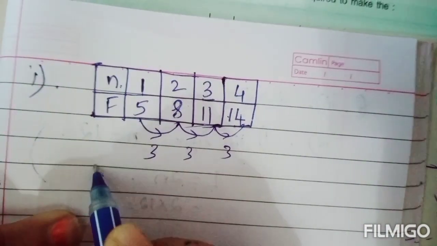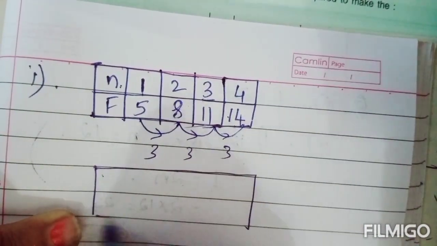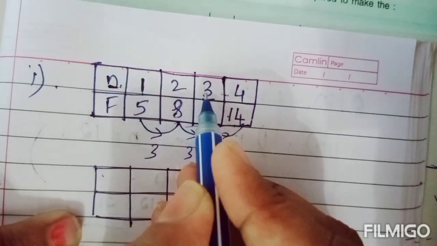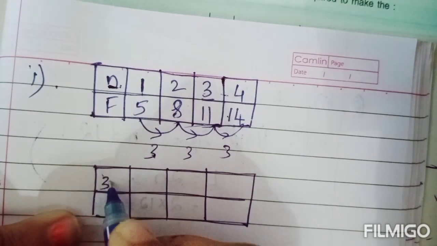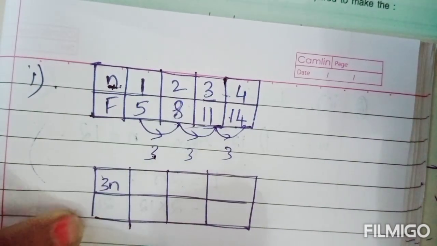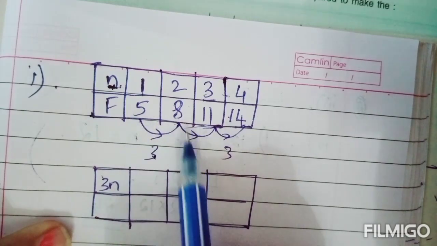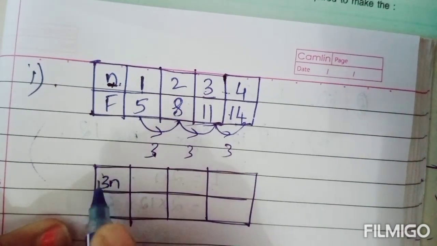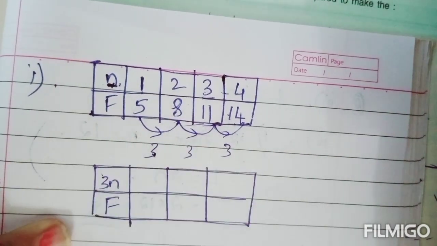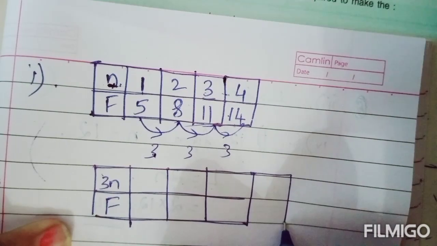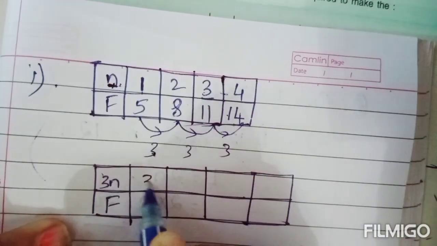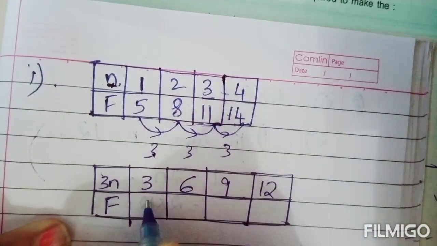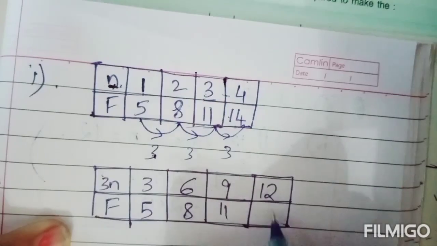So what do we do? We construct another table. In this, the first row we multiply by 3: 3 into n is 3n. Since f is increasing by 3, we have to multiply n by 3. So you can write 3n in the first row and f in the second row. On multiplying, 3 into 1 is 3, 3 into 2 is 6, 3 into 3 is 9, 3 into 4 is 12. For f, you can write 5, 8, 11, 14.